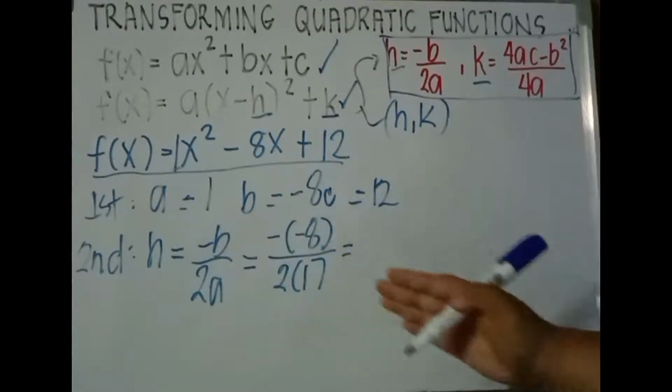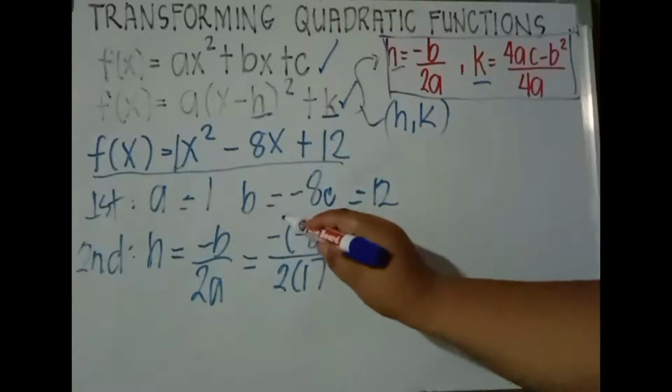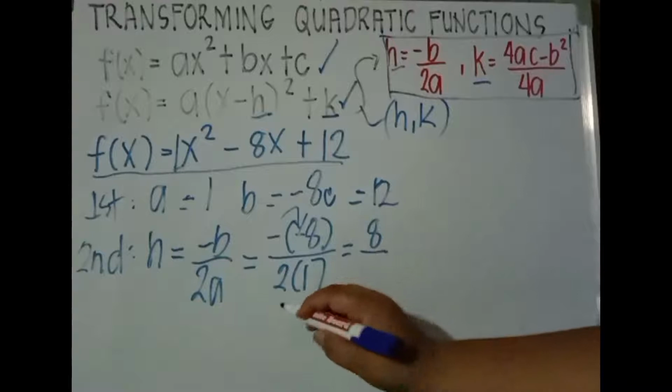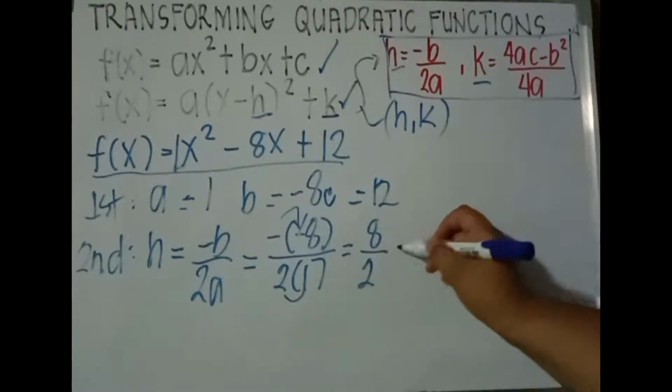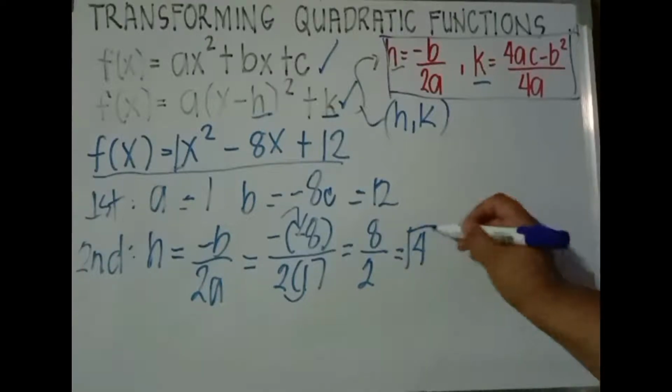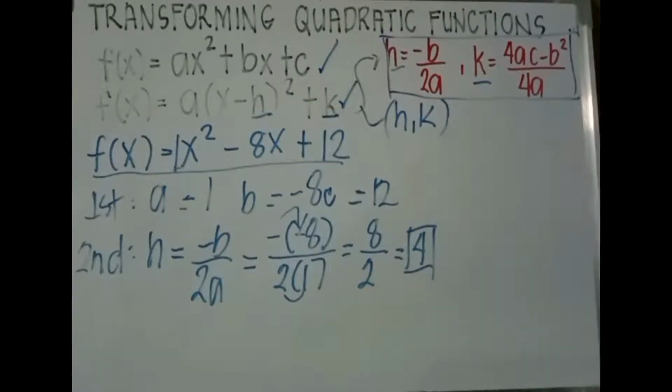Simplifying this further, negative multiplied by negative 8 becomes positive, and 2 times 1 is 2. So, 8 over 2, or 8 divided by 2, gives us 4. So, the value of our h is 4.